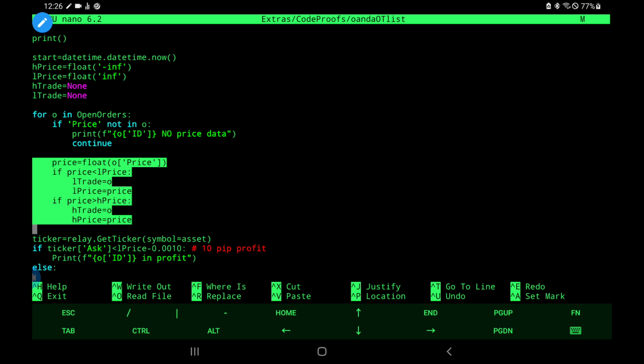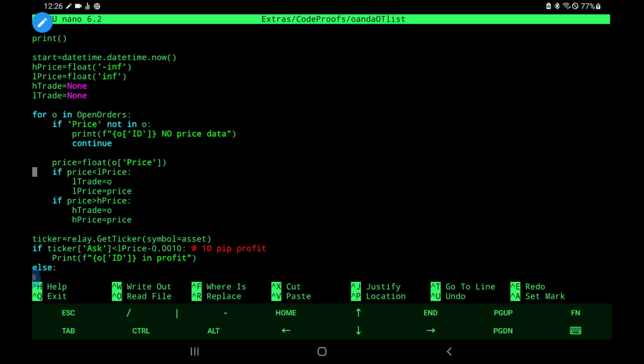From the standpoint of the program, this process significantly reduces the speed implications of having multiple API calls for every single order, because we're not making any API calls here.